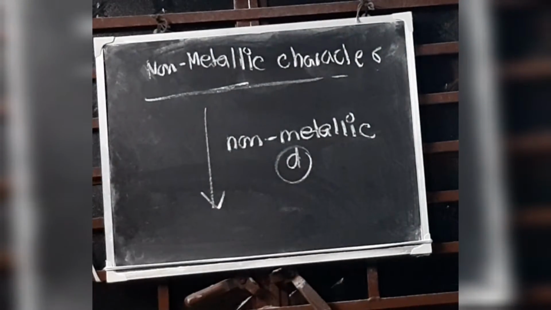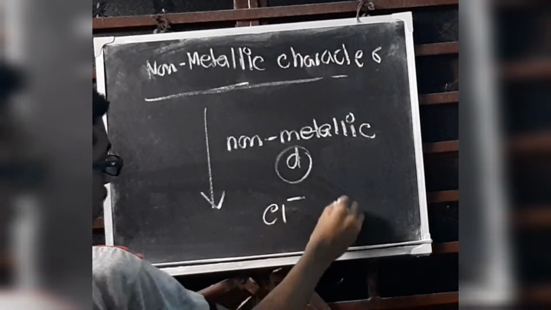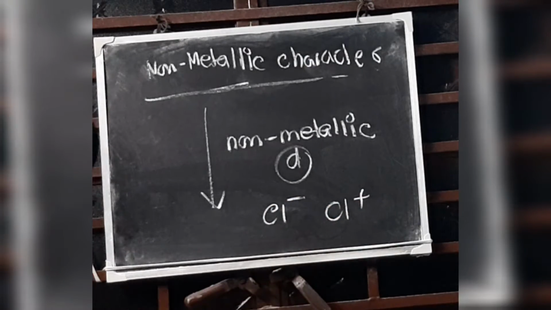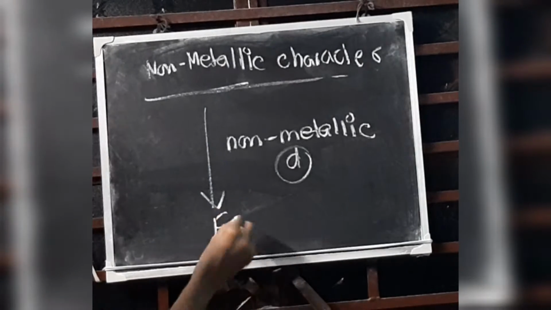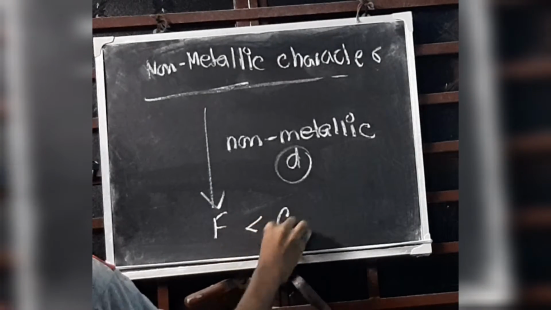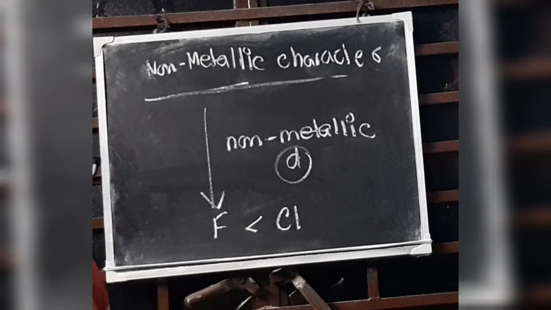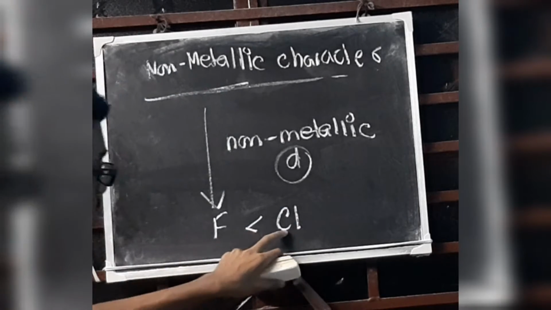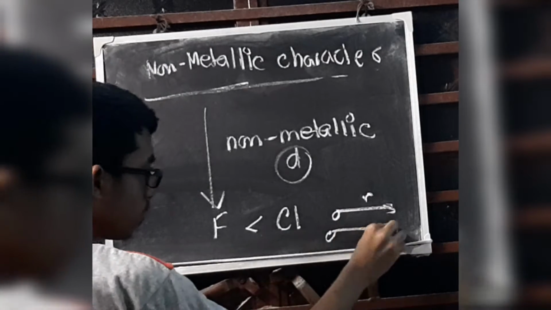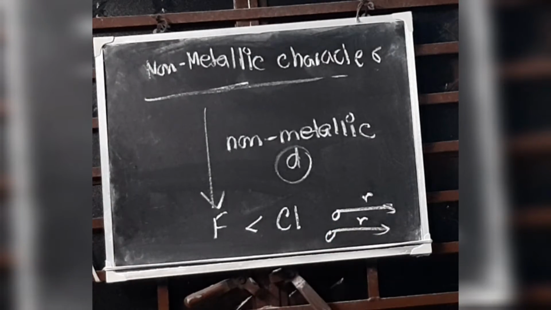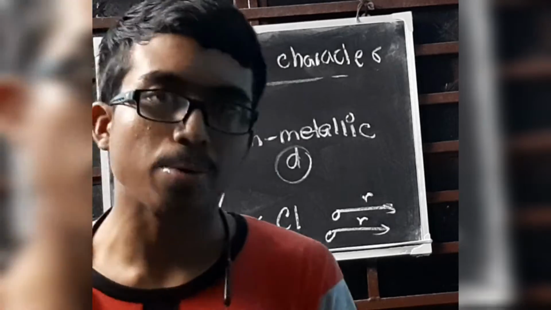Now you will say, why? Cl minus can never form Cl plus, can it? It cannot form. But atomic size increases down the group, so chlorine's radius is greater than fluorine's radius, and we have learned that atomic size is the dominant factor.